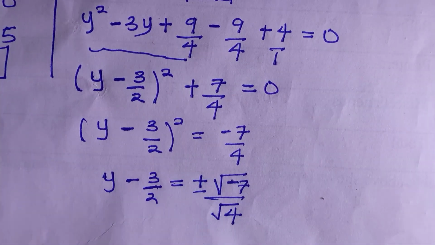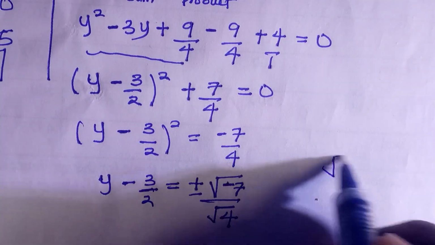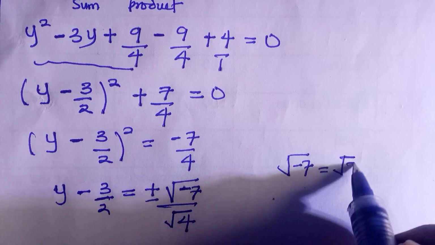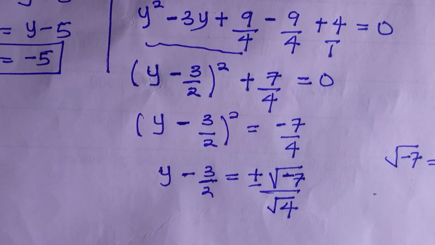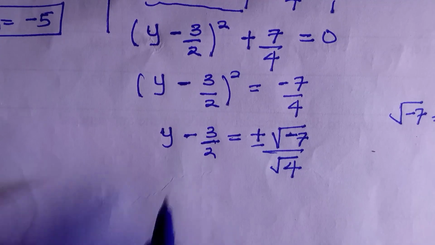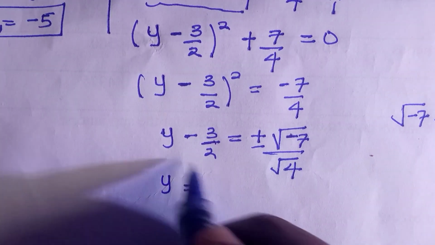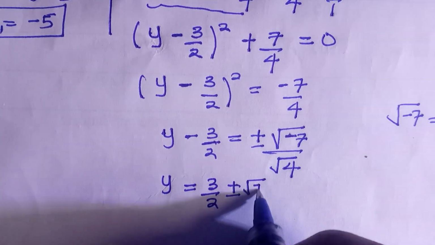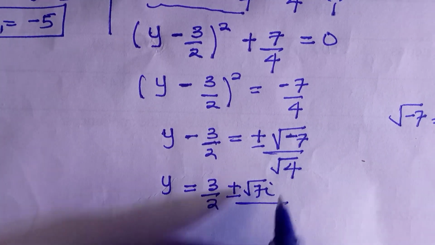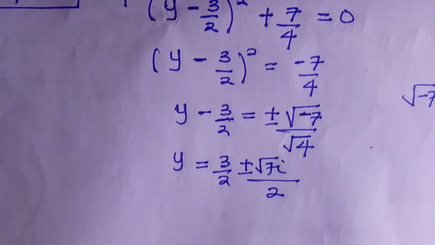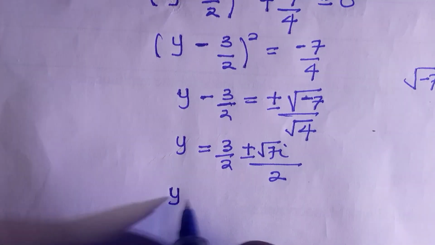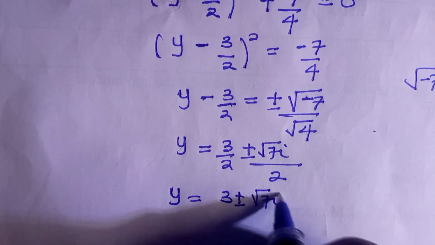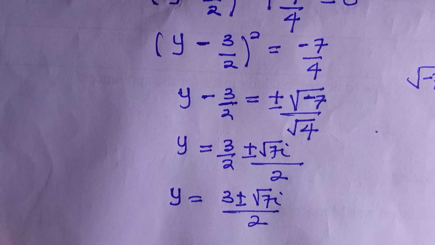And root of this minus 7 is a complex root, which results into this. And the value for this one is root of 7i. Okay, and if you have y equals to 3 divided by 2, we take this one to the other side, plus or minus root of 7i divided by 2, because 4 is a perfect square. So we hereby have 3 plus or minus root 7i divided by 2.